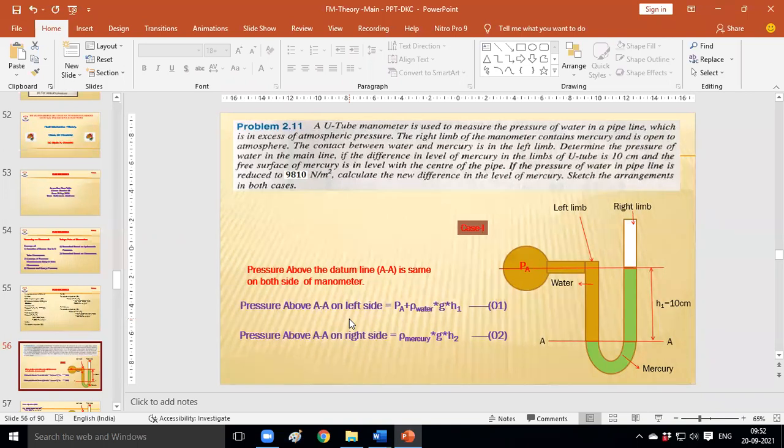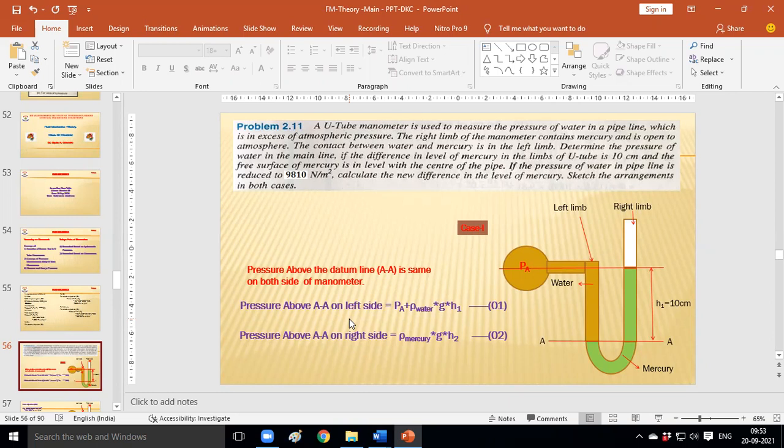The contact between water and mercury in the left limb determines the pressure of water in the main line. The difference of mercury level in the limbs of the U-tube is 10 centimeter, and the free surface of mercury is level with the center of the pipeline.